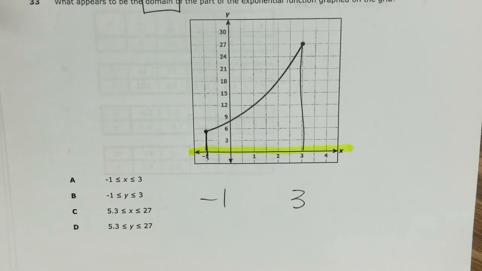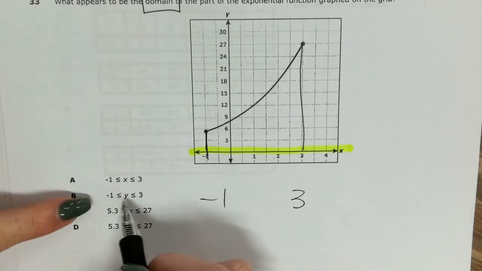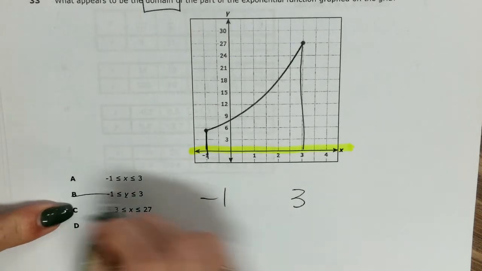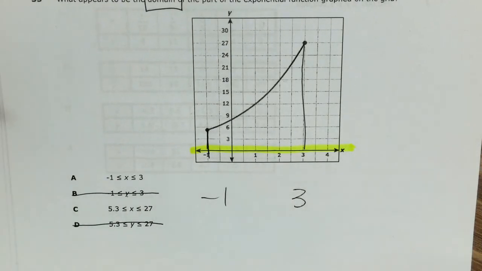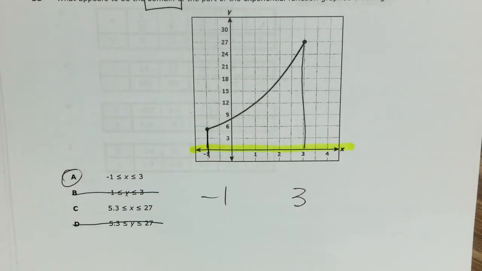What could I have marked off because they're not the domain? B, see how it says Y? And D says Y. So you have to pay attention. If it says domain, then it better have X in it. If it says range, it better have? Yes. So the answer was A.